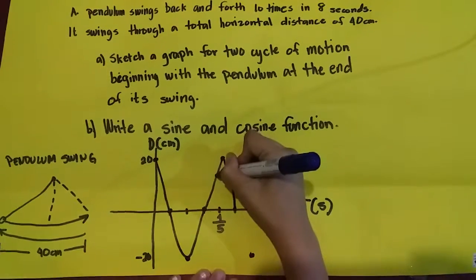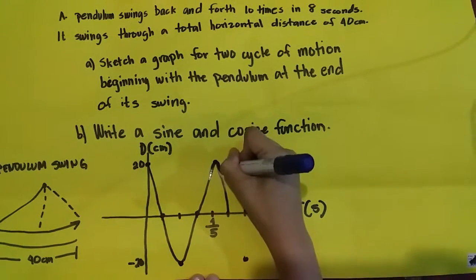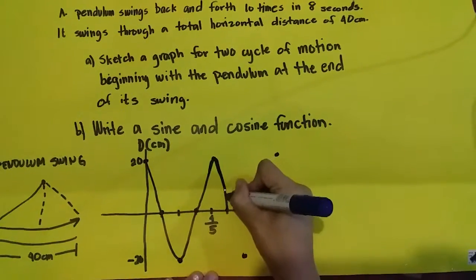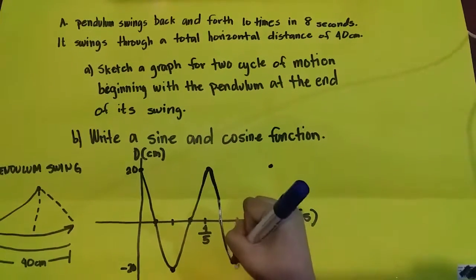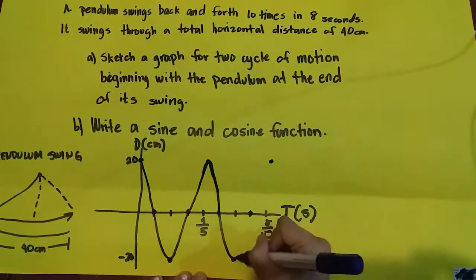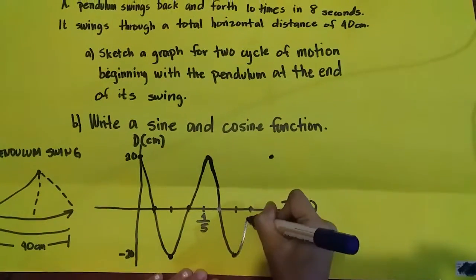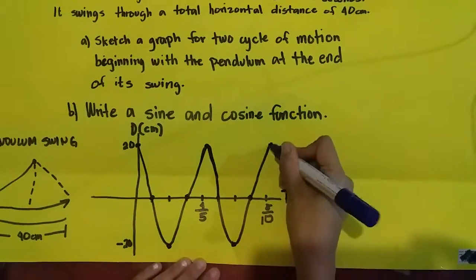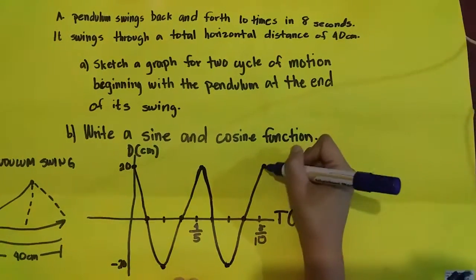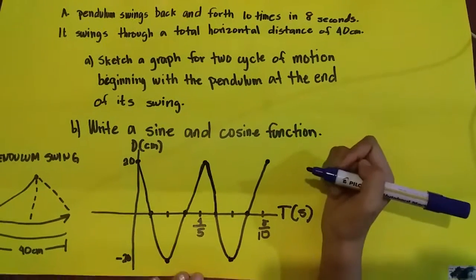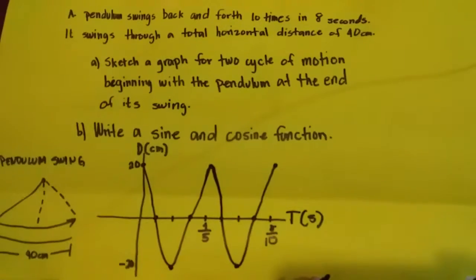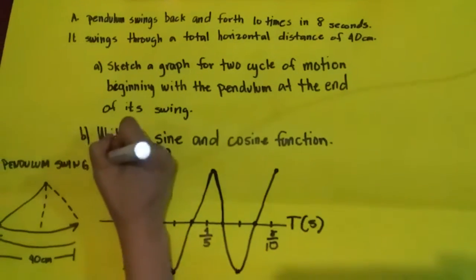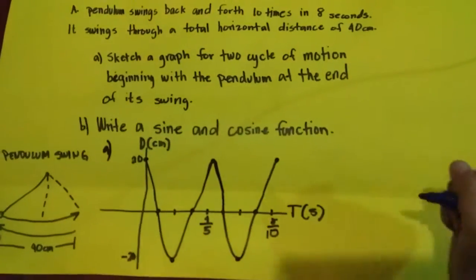Then it goes back to 20. Now this is our A.